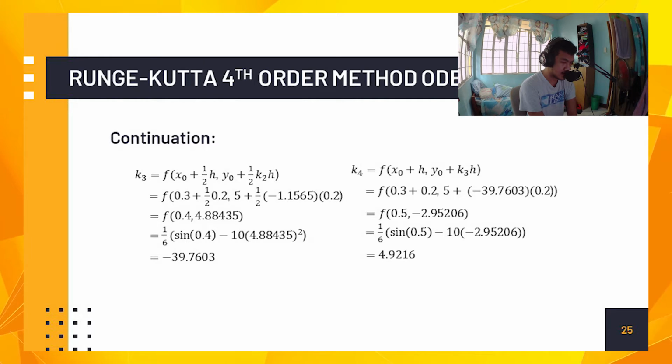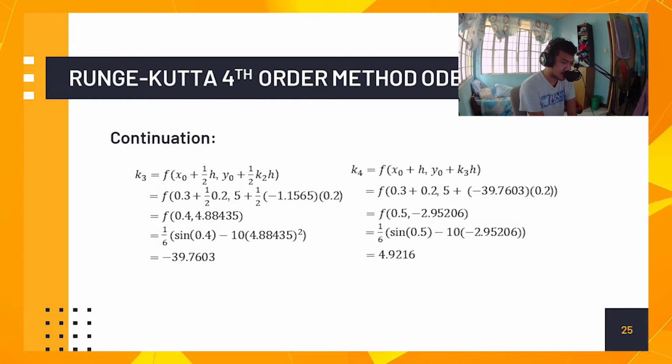39.7603. For k sub 4, which is f of x sub 0 plus h comma y sub 0 plus k sub 3 h. By substituting the values, we will have f of 0.3 plus 0.2 comma 5 plus negative 39.7603 times 0.2.